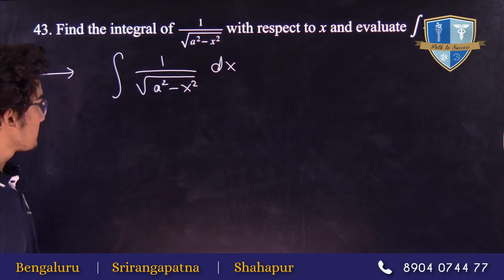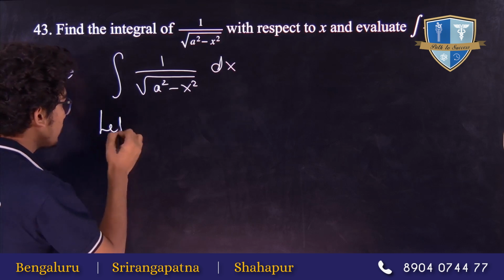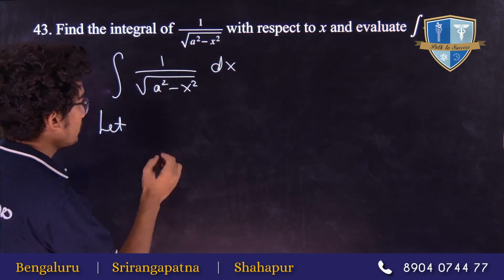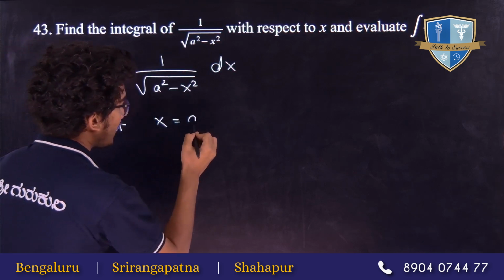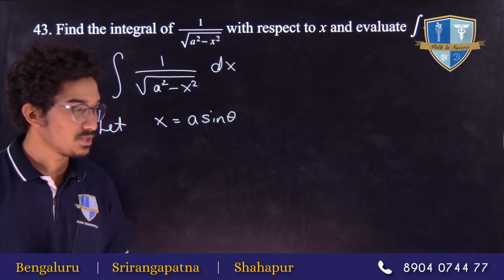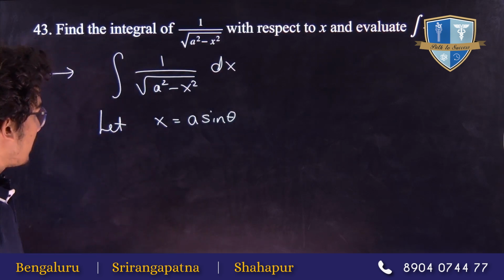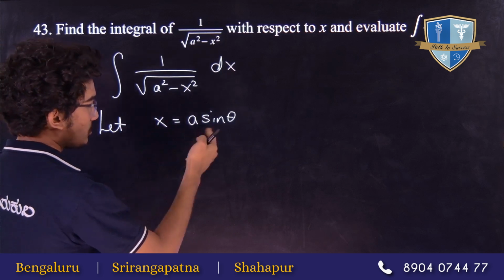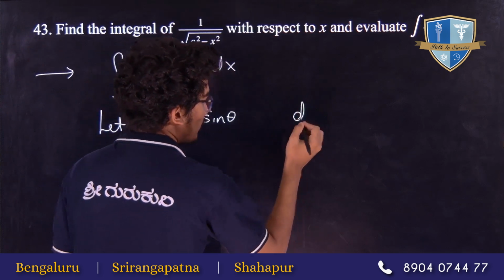So to solve this, we will substitute x is equals to a sine theta. That's it. And we can solve this question using this substitution. Let's see how. So if x is equals to a sine theta, we will differentiate this equation.